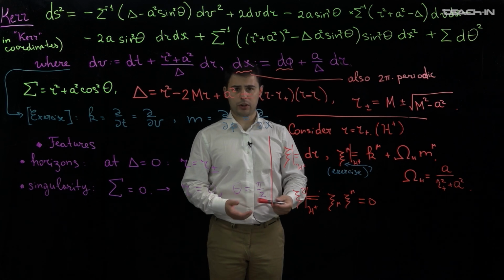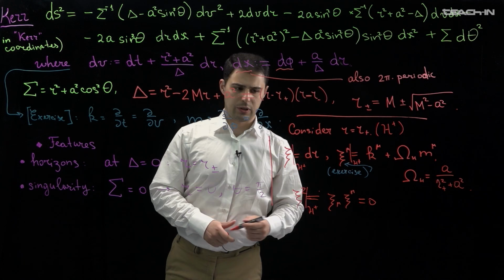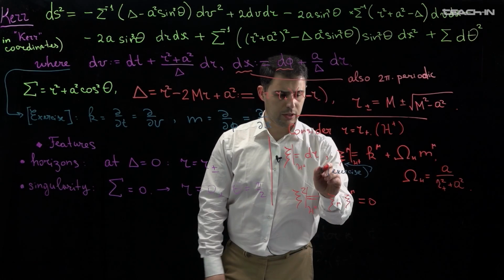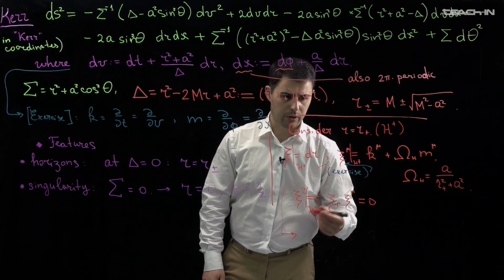Let us consider the generator of the null hypersurface, that is the null geodesic. To see this, let us consider a null generator, so the integral curve of psi mu.